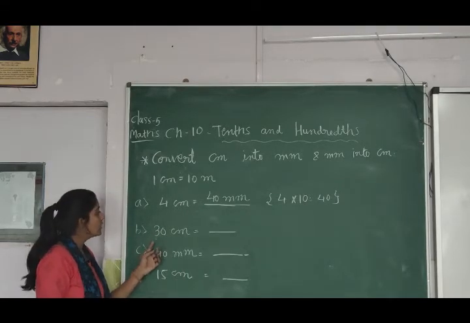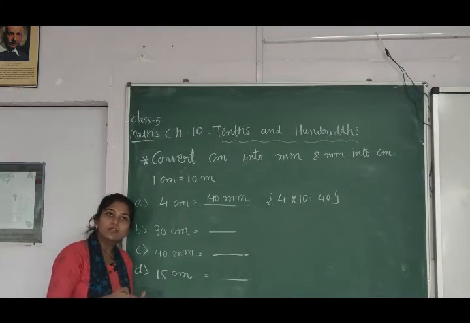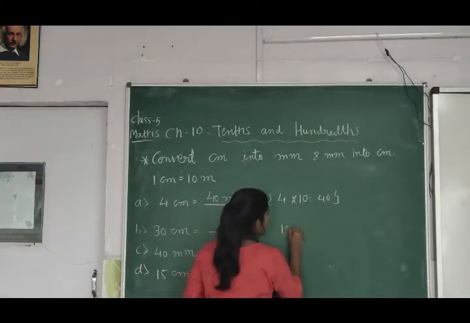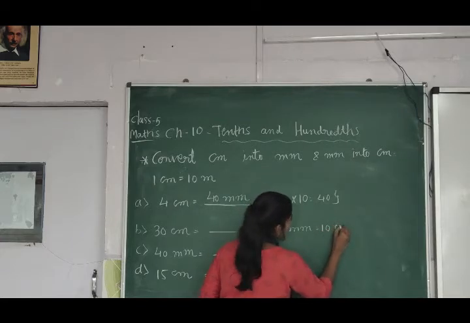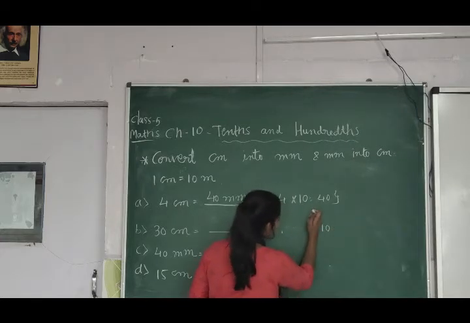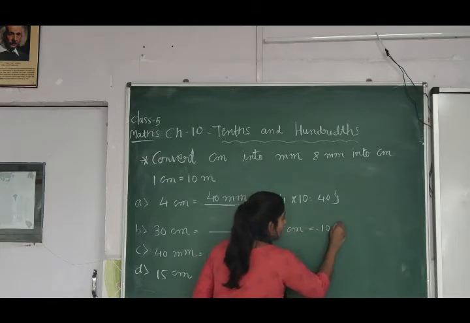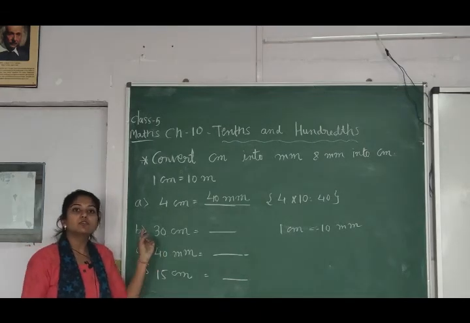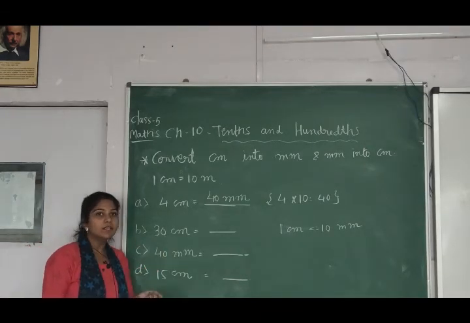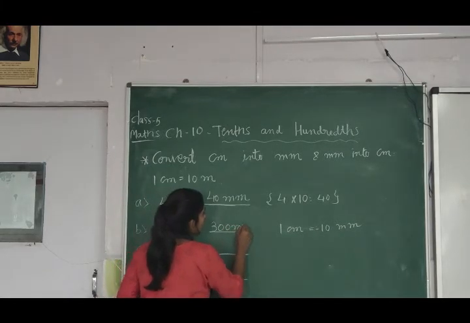Now 30 centimeter. Again, 1 centimeter is equal to 10 millimeter. So 30 centimeter is equal to 30 into 10, so 300 millimeter.